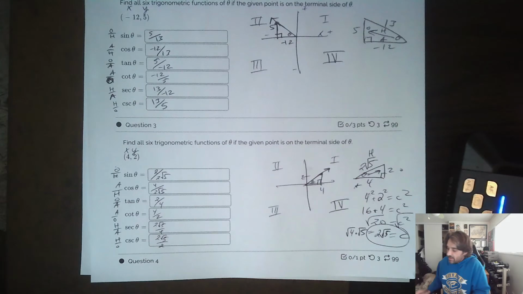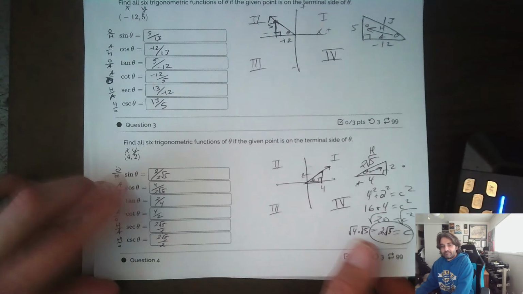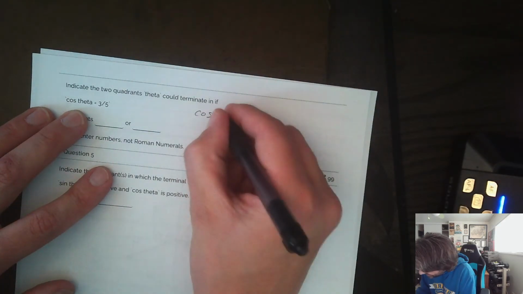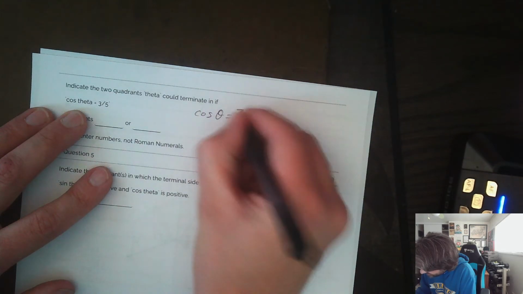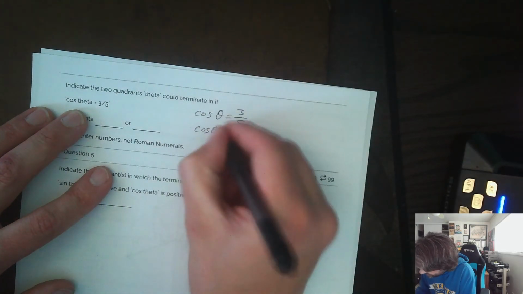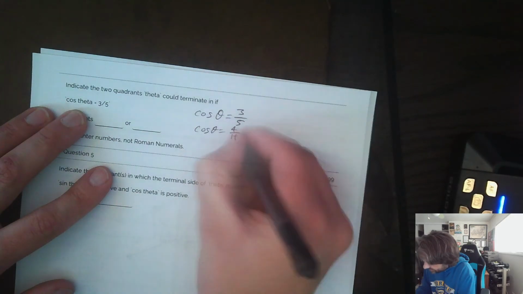All right, let's try these next. This says indicate the 2 quadrants that theta could terminate in if cosine theta equals 3 over 5. Remember, the cosine of theta equals adjacent over the hypotenuse.